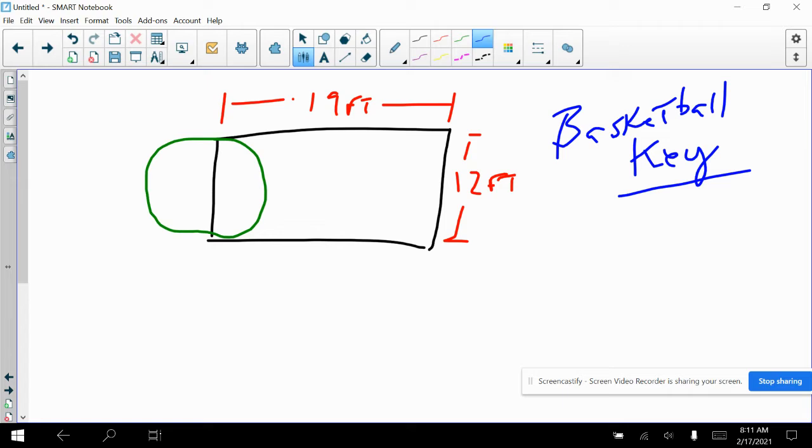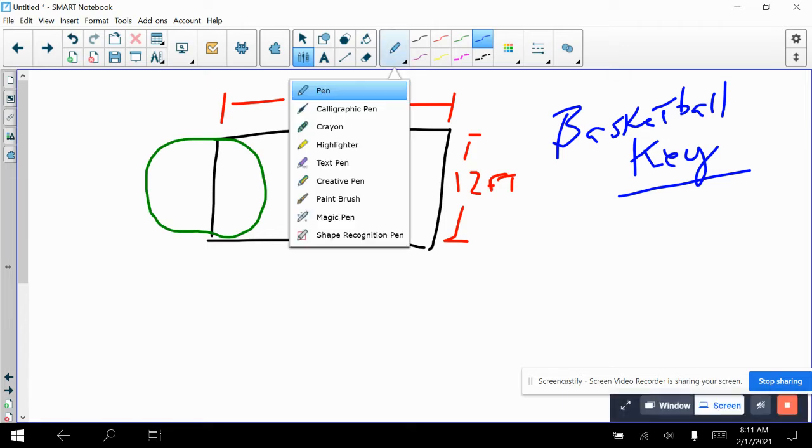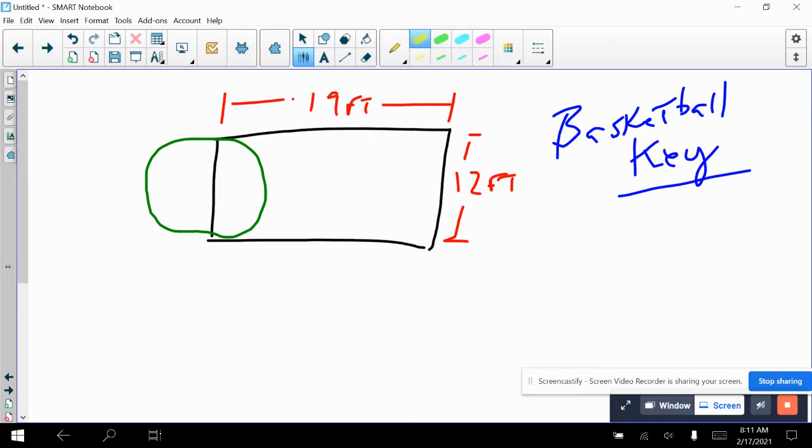Okay, so we want to find the shaded area. How do we go about doing that? Anybody have any suggestions?